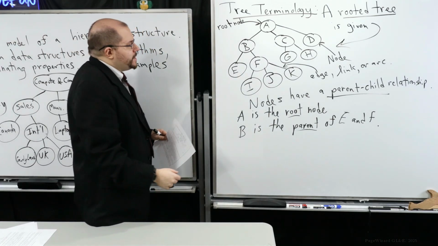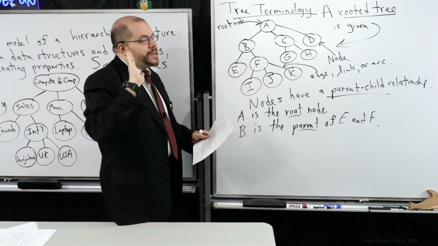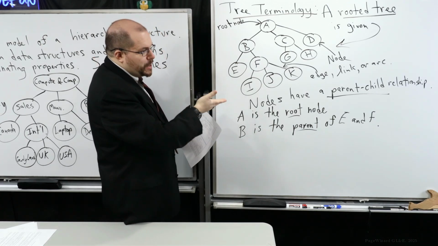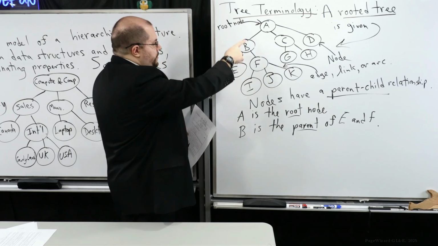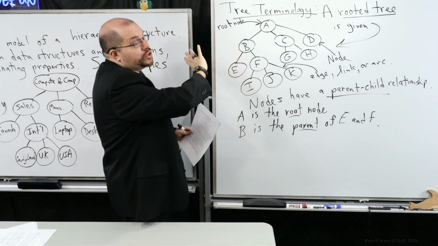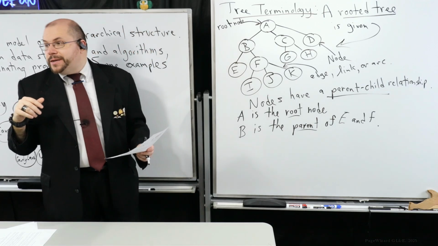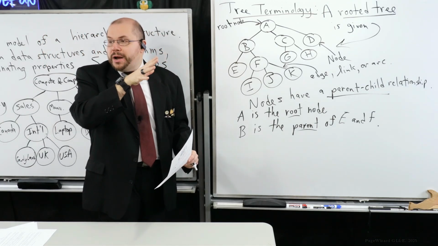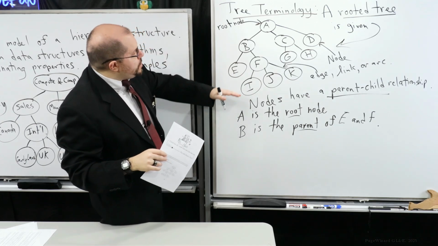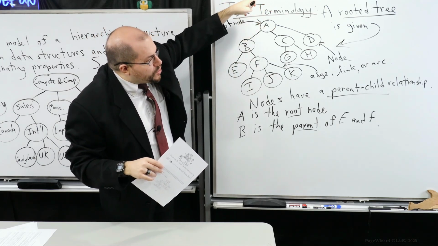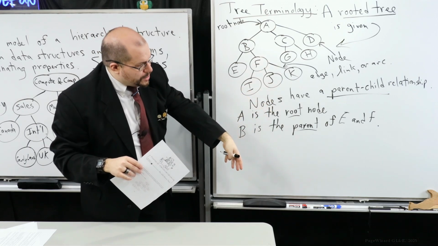So do note that the root itself being dictated where it is can change how we think about these parent-child relationships. For example, if I decided E was the root node, then I would now keep in mind, the drawing of the tree is not terribly important. The drawing is very helpful for us to understand the parent-child relationships. The way you want to think about it is, if you have the root, everything draws away from the root.